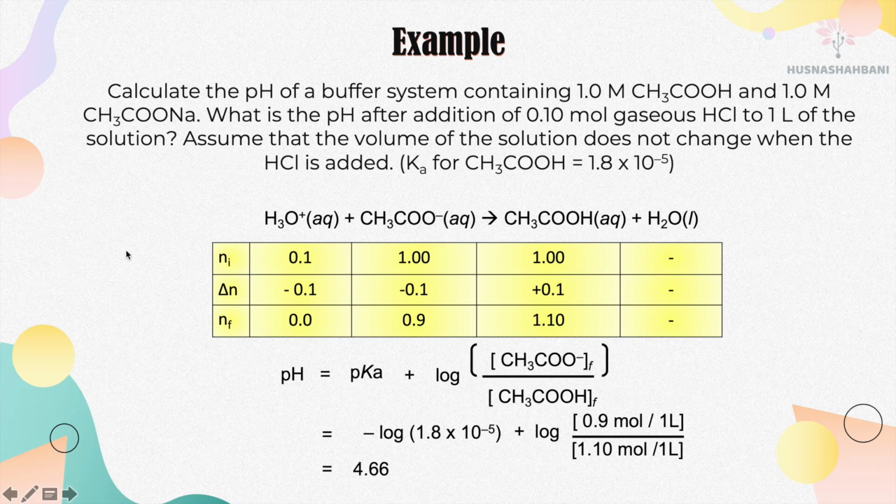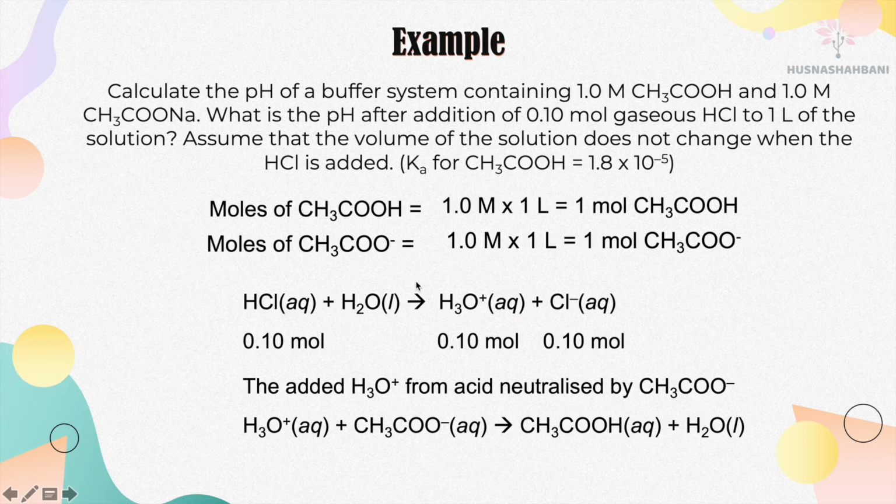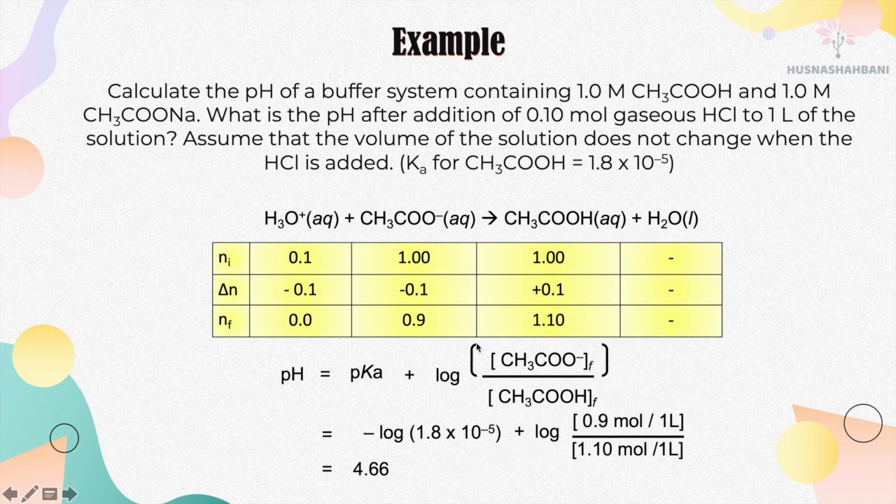So you need to construct the ICE table. We don't have the molarity, so we can put the number of mole. You can put the molarity here, but here I put the example of the number of mole. So the number of mole here is 0.1, because given here 0.1 mole, so you get 0.1 mole H3O plus.